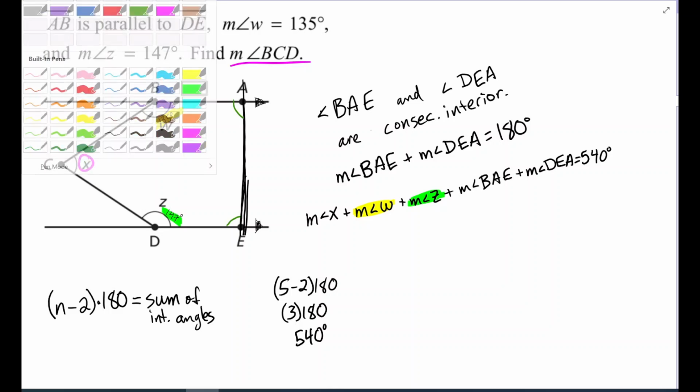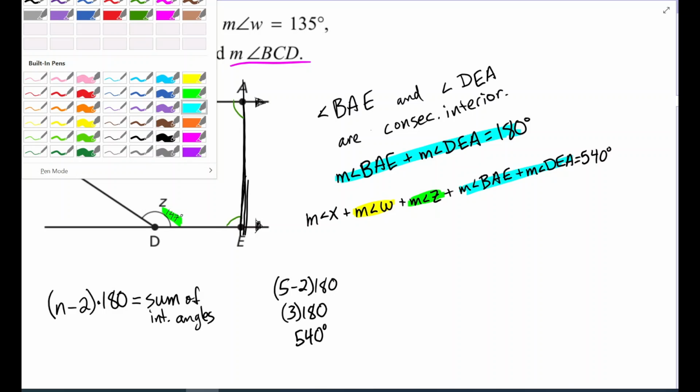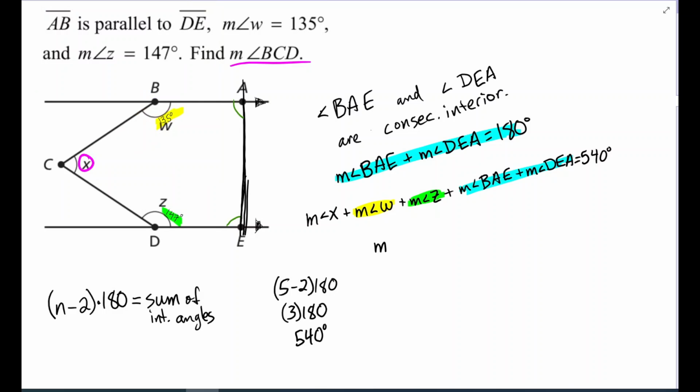But we do know the measure of them combined. That is 180. So we can rewrite this. Measure of angle X plus 135 degrees plus 147 degrees plus 180 degrees equals 540 degrees.